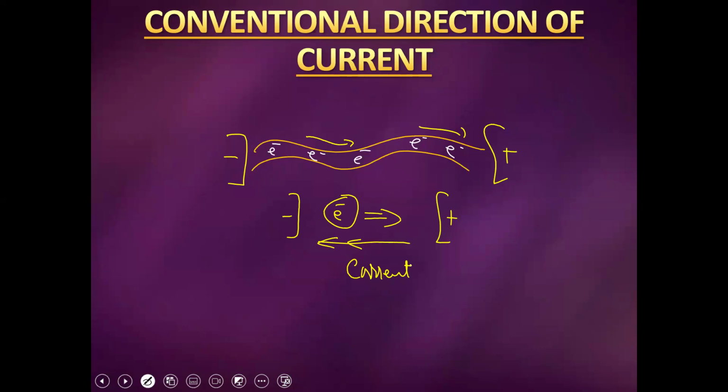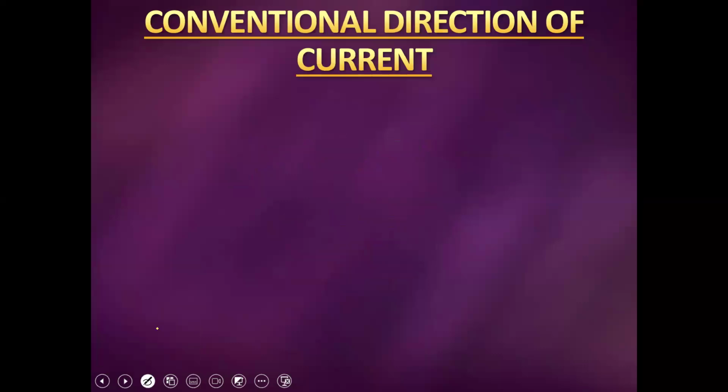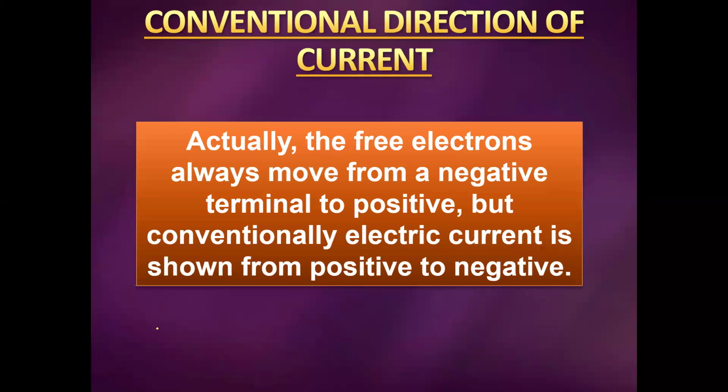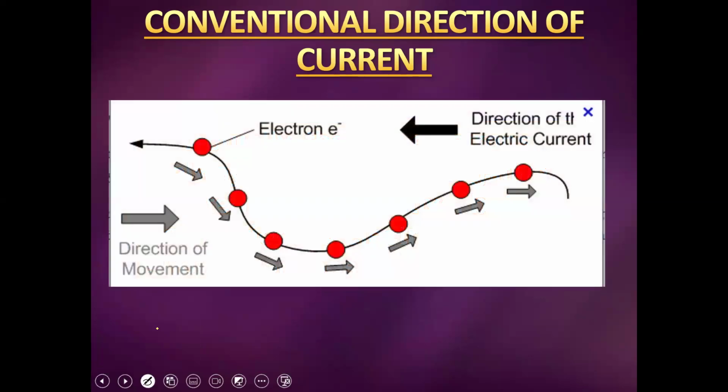From that time, we got a terminology which is called conventional direction of current. Conventionally, current is shown plus to minus, even though in reality, electrons travel from minus to plus. So free electrons travel from negative to positive, but conventionally electric current is shown from positive to negative. This is how we work here.